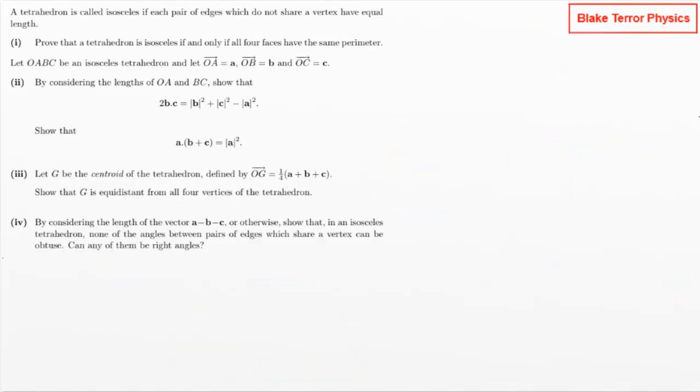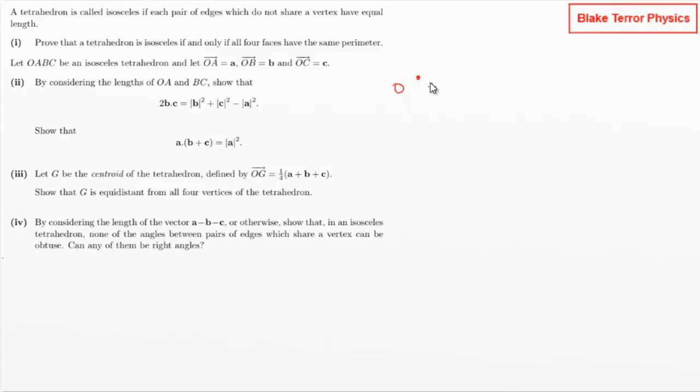On to part two. Let OABC be an isosceles tetrahedron. Let OA equal a, OB equal b, and OC equal c. By considering the lengths of OA and BC, show that, and show that. Right, so let's get clearer ideas. So we've got OABC.